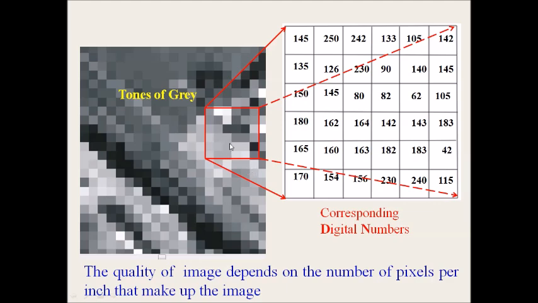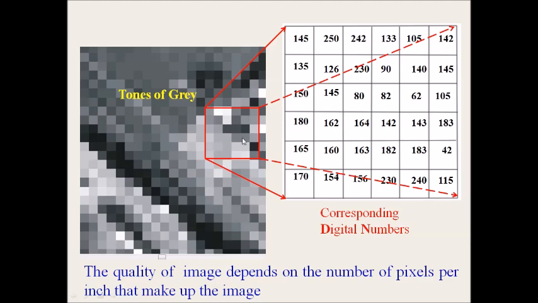Now in this you can see this part of the image, the gray values are changing very slightly, and these are depicted by the digital numbers here. Now if we take these two individual cells, our eyes are not able to differentiate between the two. However, the DN value keeps on changing, say from 182 to 183, here it is 142, 143.